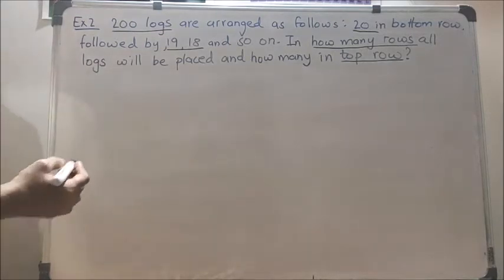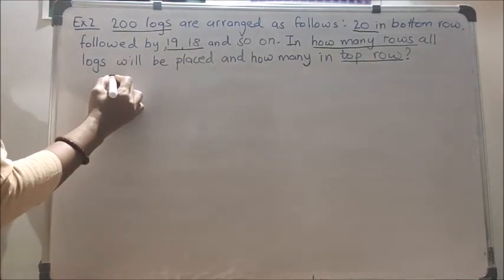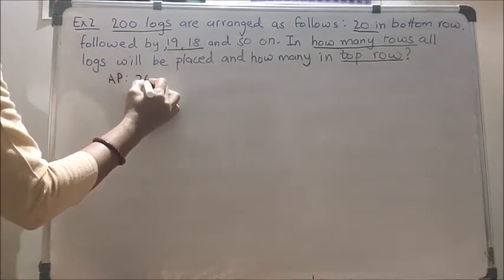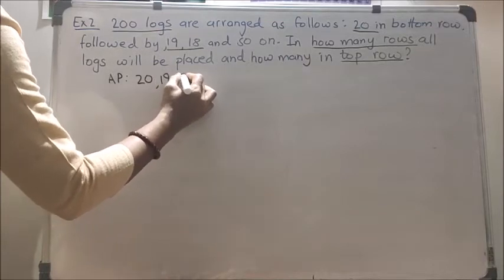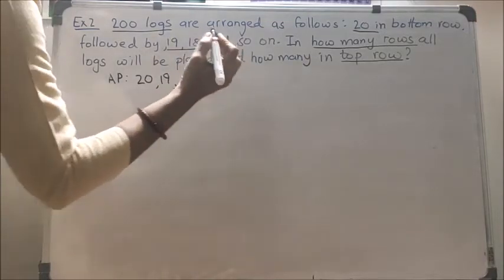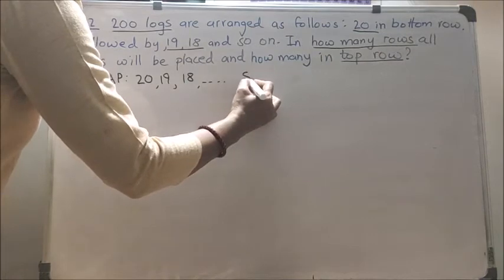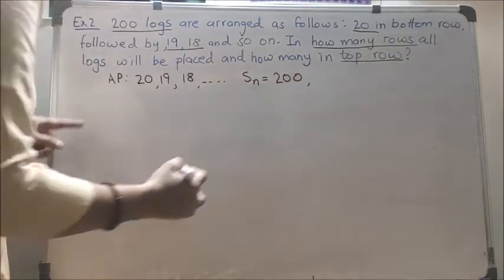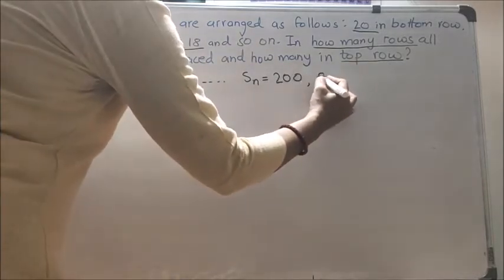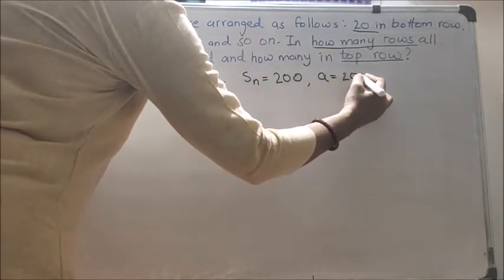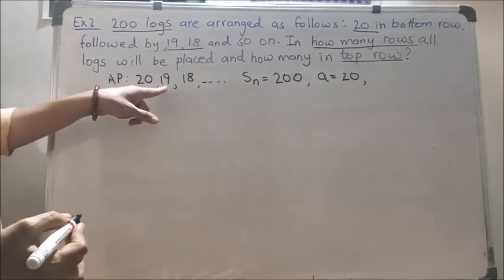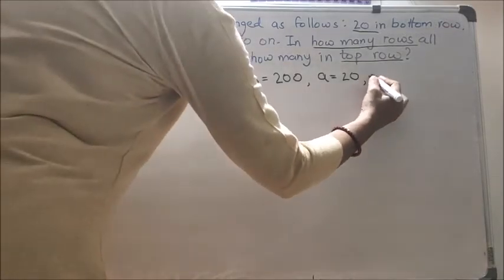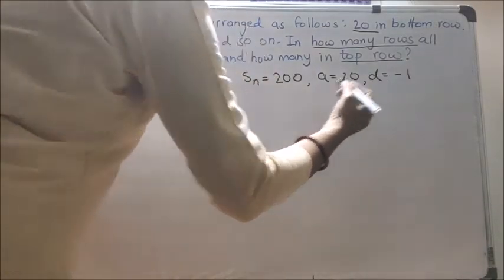So let us start working, first by writing the things that are given. Your AP is 20, 19, 18 and so on. Your Sn, sum of n terms, is 200. Then from this, a, that is the first term, is 20, and the difference, a2 minus a1, is minus 1. So d is minus 1.